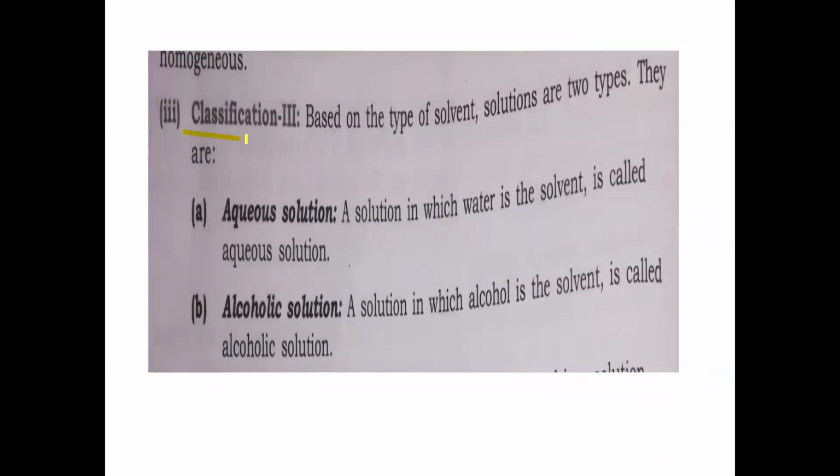Next, classification of solutions. Another type of classification is based on the type of solvent. Based on the type of solvent, solutions are of two types. Aqueous solution means a solution in which water is the solvent.